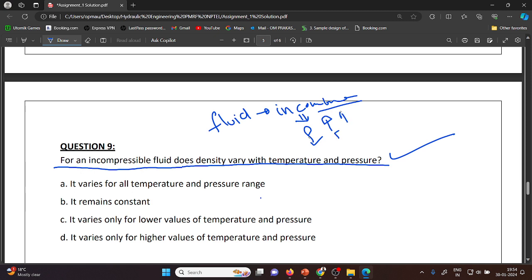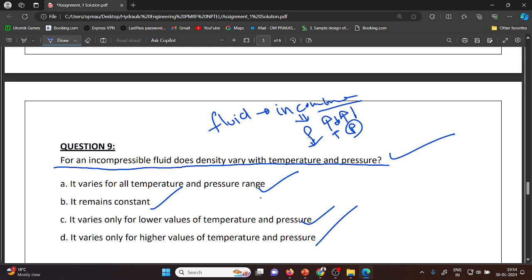Increase or decrease, whatever, with temperature and pressure. The options: it varies for all temperature and pressure range, it remains constant, it varies only for lower values of temperature and pressure, it varies only for higher values of temperature and pressure.